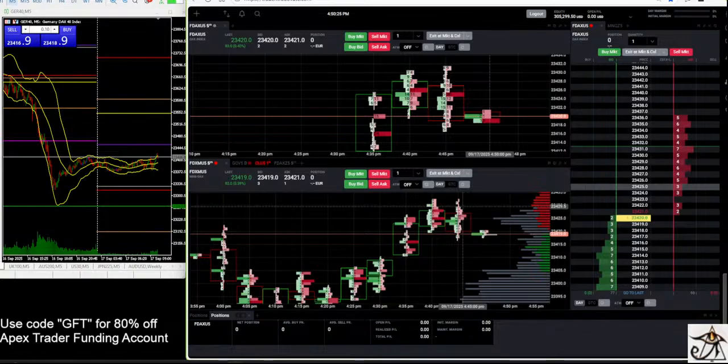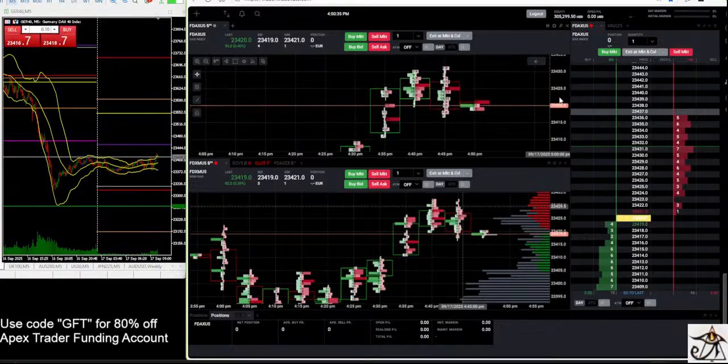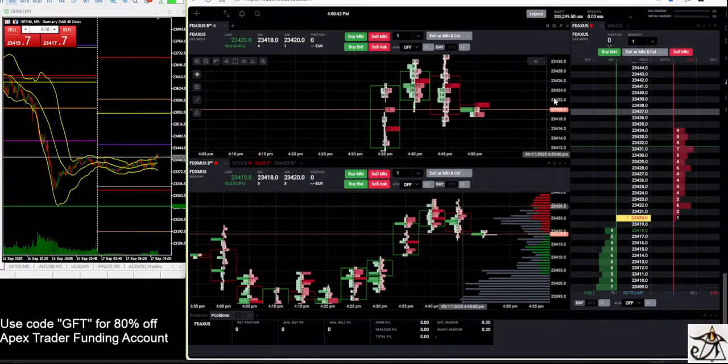Basically, that's the issue with the Apex Trader Funding trailing max drawdown. It causes a few issues like that, where you do have to stay on to each trade, even if it's running in profit. You can't just set your stop loss in a position and then just let it run.